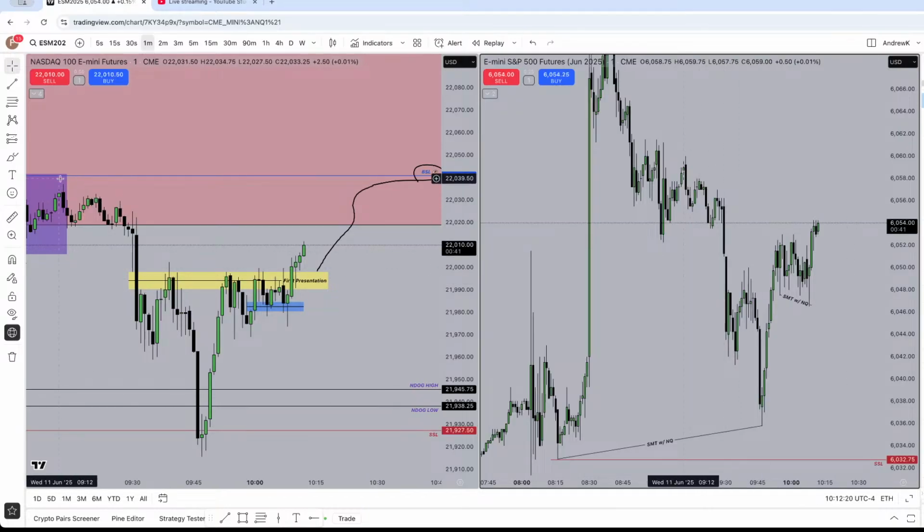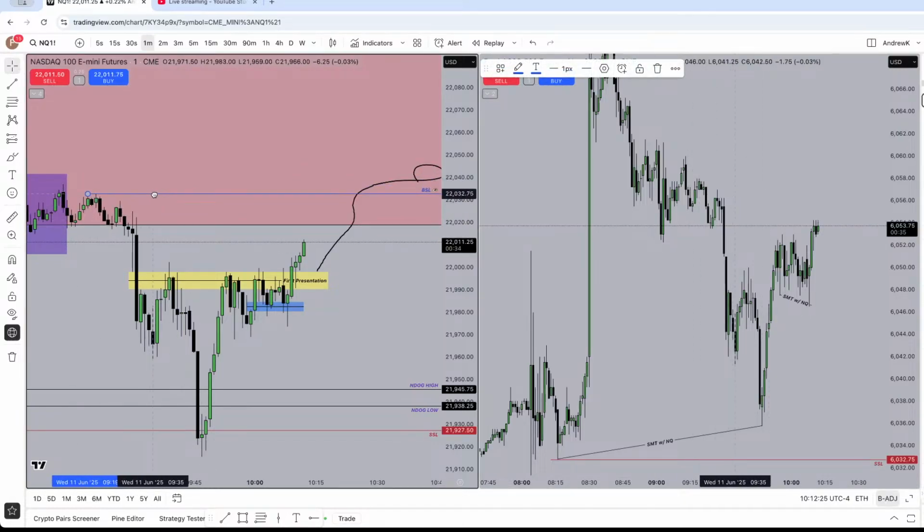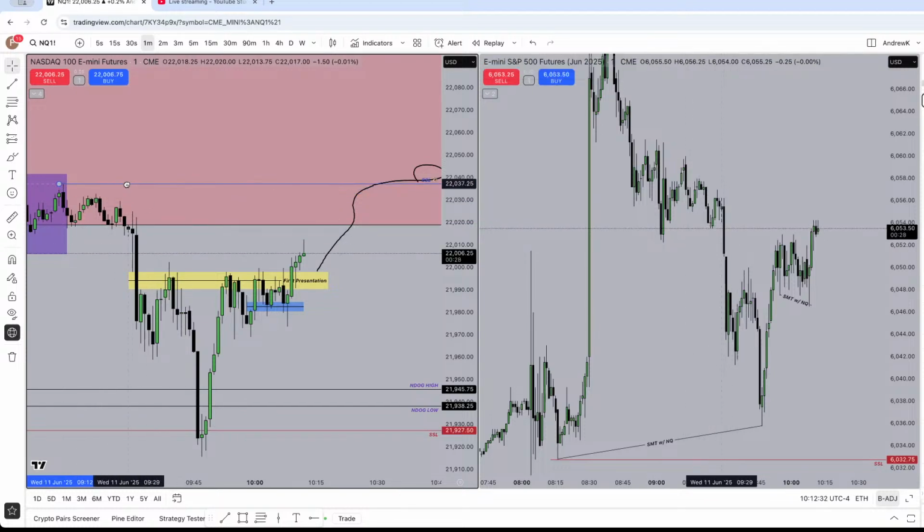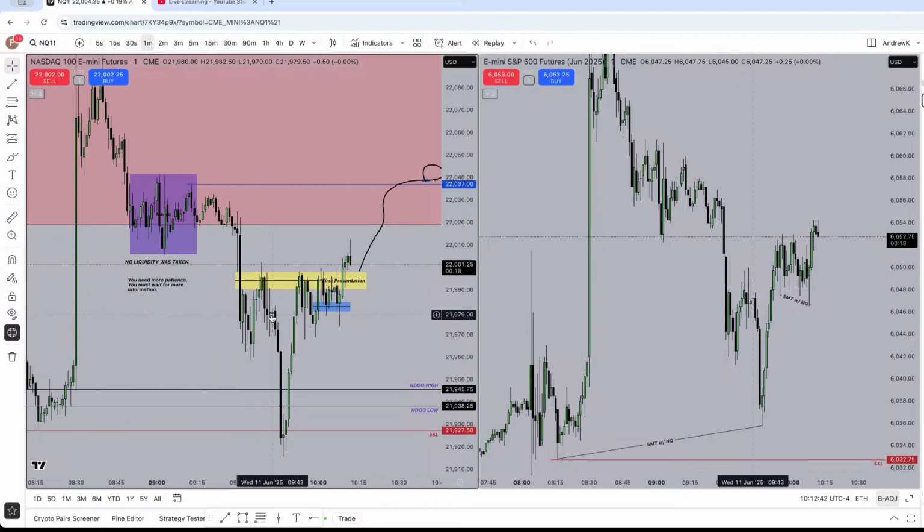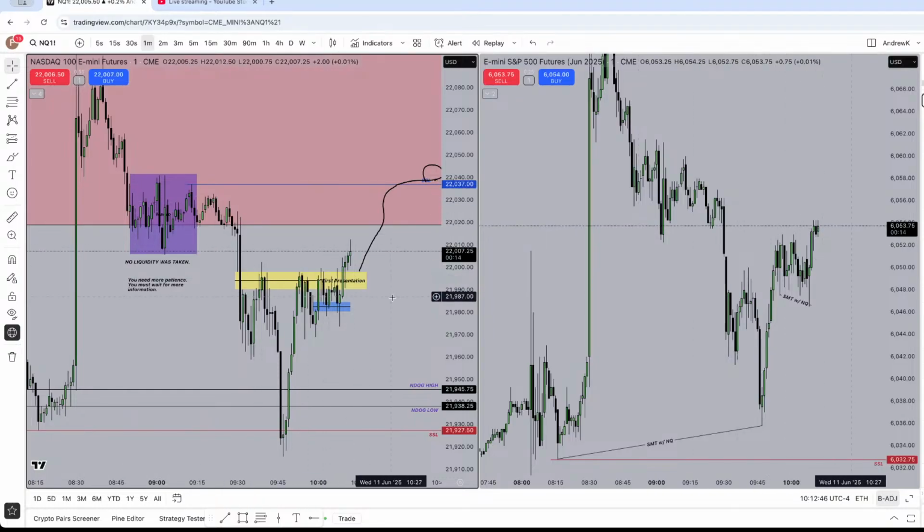I'm just watching these. Low-hanging fruit objective would be just these lows right here. So if you want, just put them there. Yeah, just those in here. Sorry, that's the macro reference. Anyways, you get the gist.